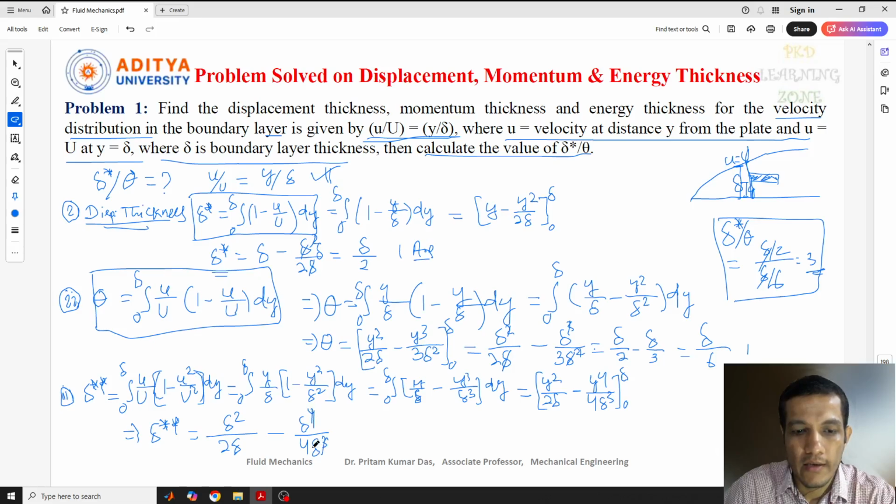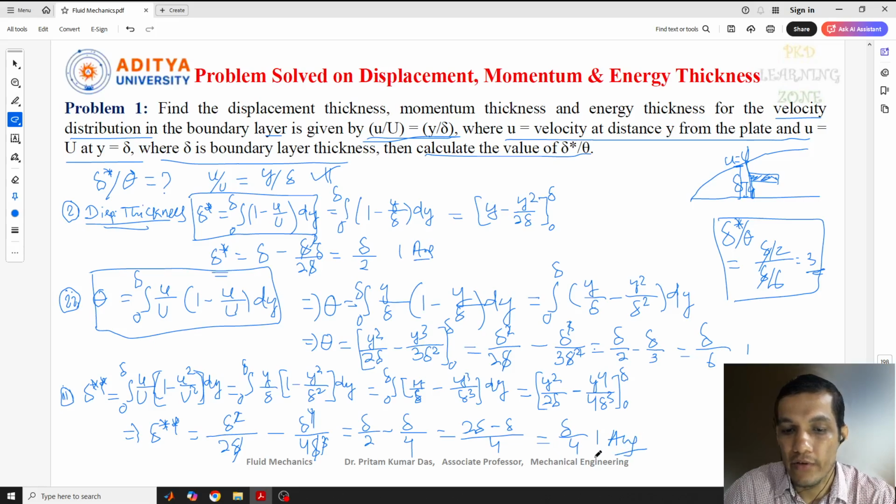So we can see it will be cancelled, only delta by 4 will be there. So now what we are getting, this is also cancelled, so we'll get here delta by 2 minus delta by 4. So if you solve this one, you can write 2 delta minus delta by 4, or we can write this is delta by 4. This is the final answer for this.